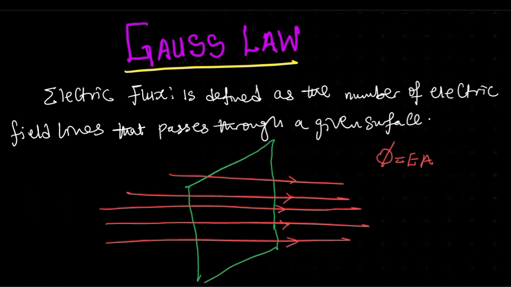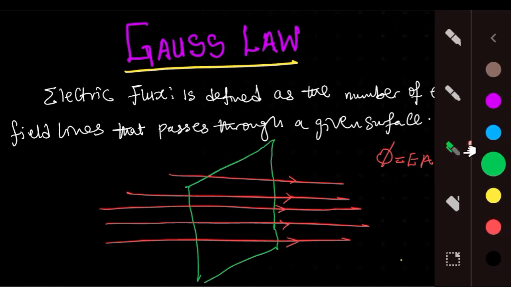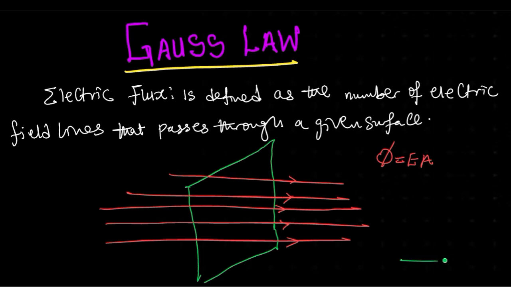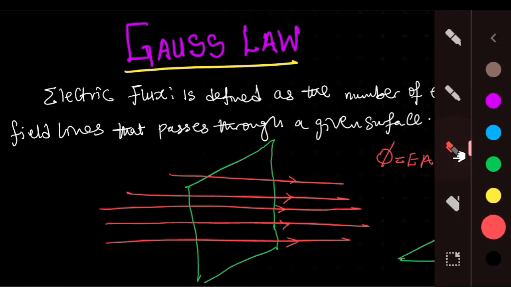Now, this flux, as you can see, is perpendicular to the surface. If we zoom into this place, let's say we make this one flat, then we begin to project lines.